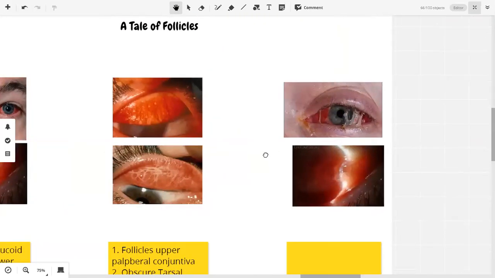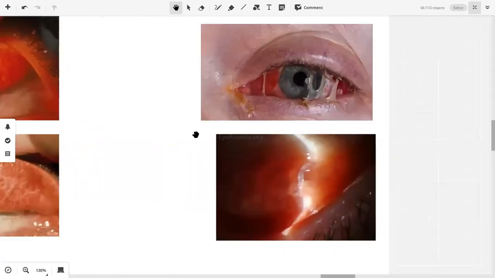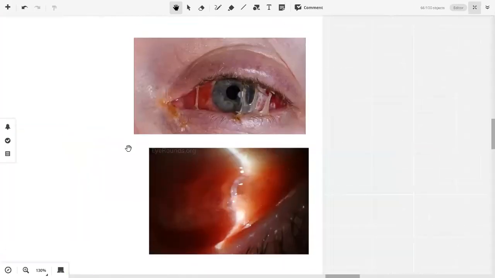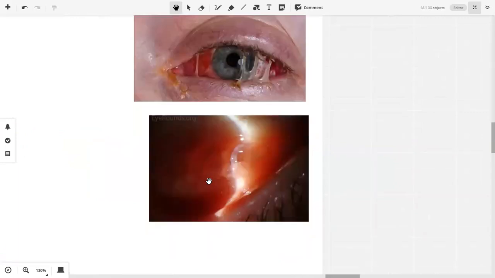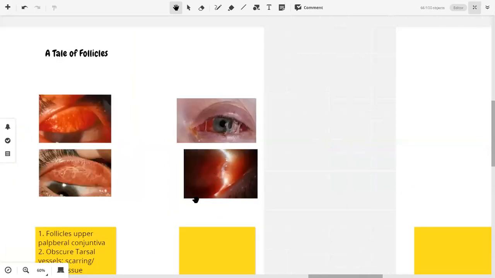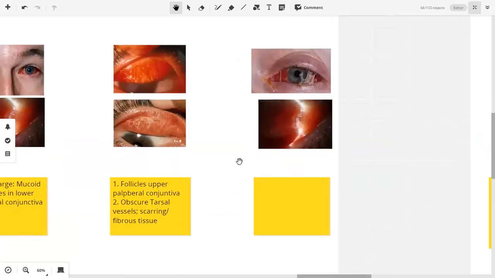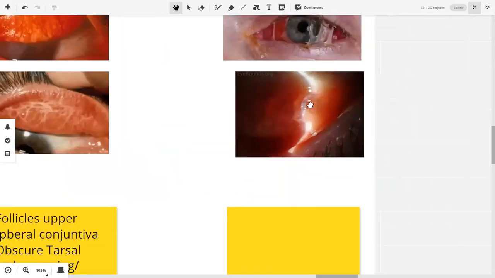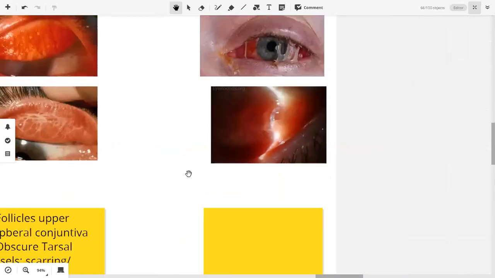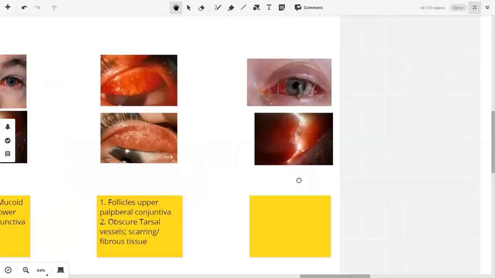Now in the third case, we have mucopurulent discharge and we have follicles. Where are these follicles located? Lower palpebral conjunctiva. Yes, these are lower palpebral conjunctival follicles, right?